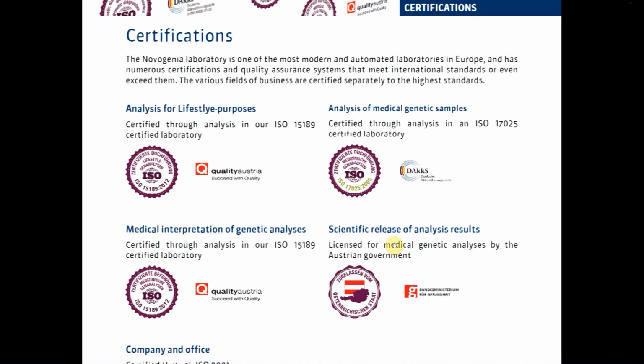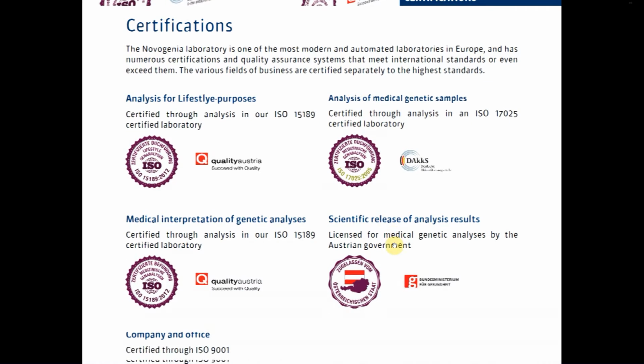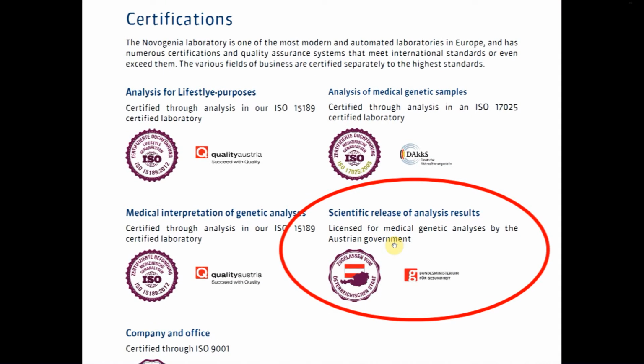So for one thing, this here is from the Austrian state. Many countries have genetic testing laws, which are meant to protect consumers from discrimination against genetics and so on. They are in a different form in different countries. And as far as I'm aware, Austria in Europe has the most strict genetic testing laws.